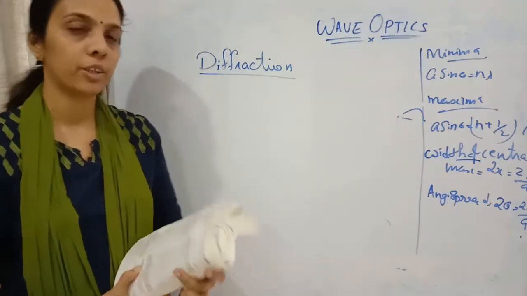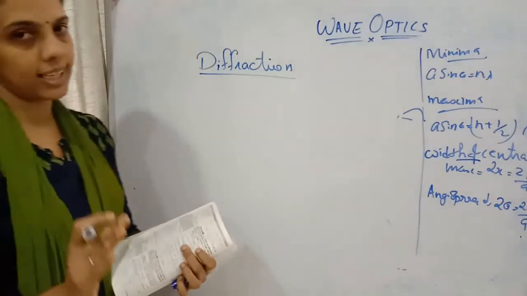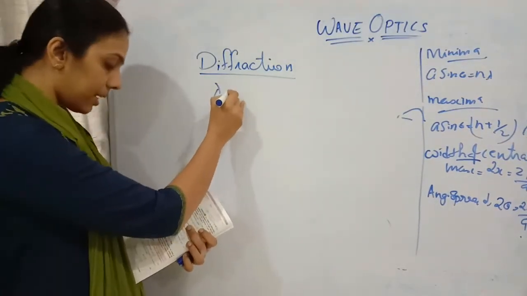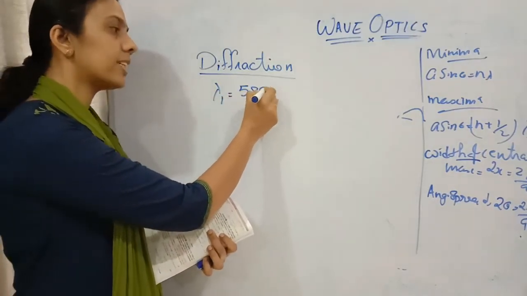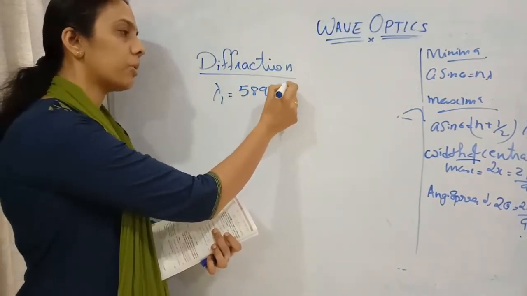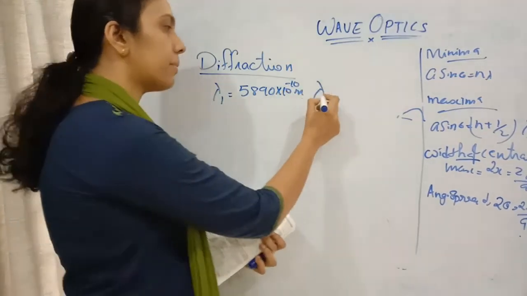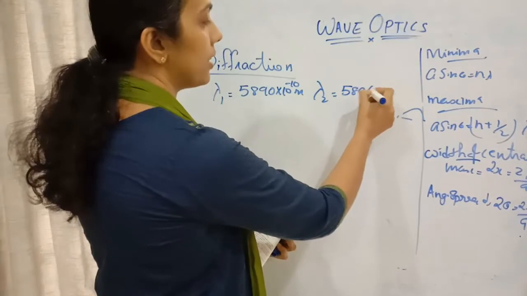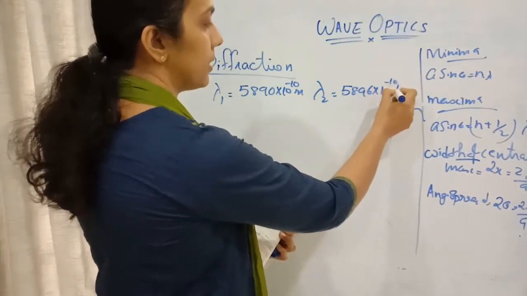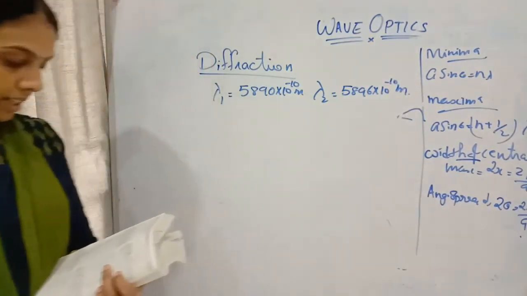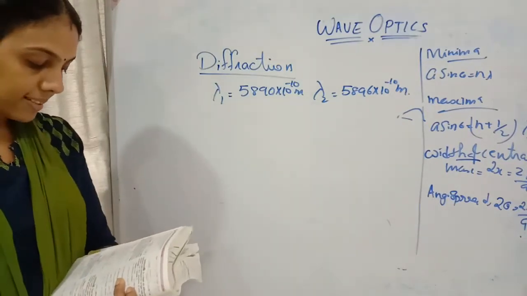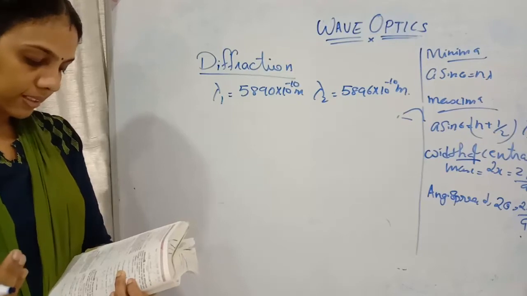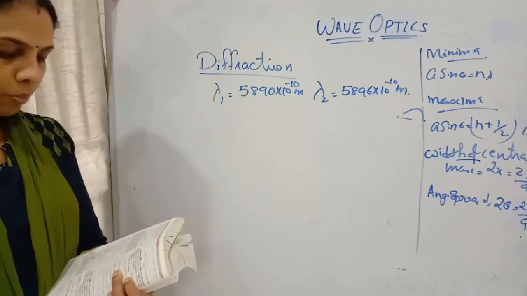So what should we find out? Here two spectral lines of sodium are given. The different wavelengths are lambda 1 equals 5890 into 10 to the power minus 10 meter, and lambda 2 equals 5896 into 10 to the power minus 10 meter. Then a sodium lamp sends an incident plane wave onto a slit of width 2 micrometer.